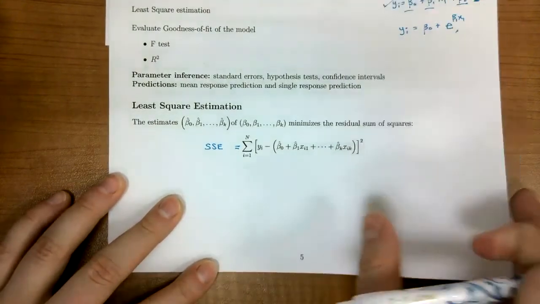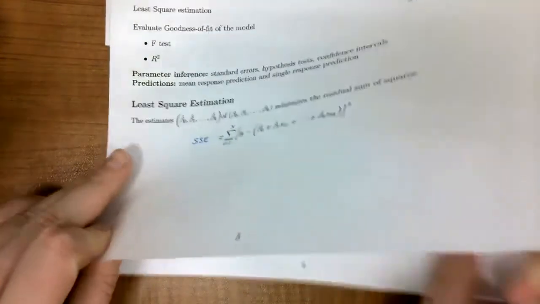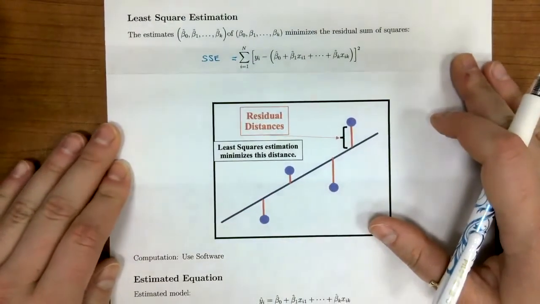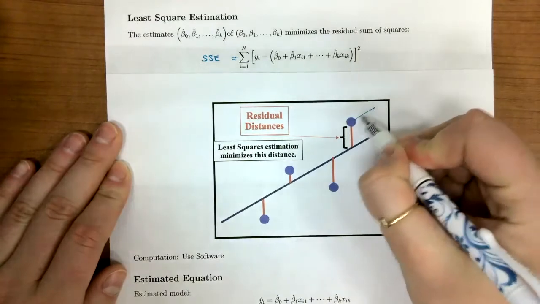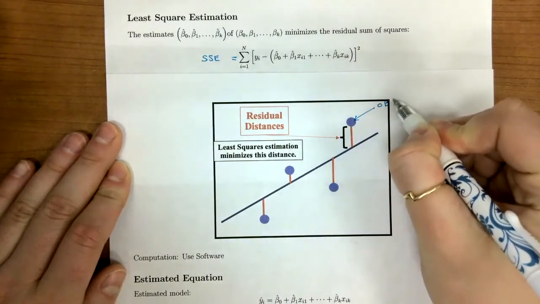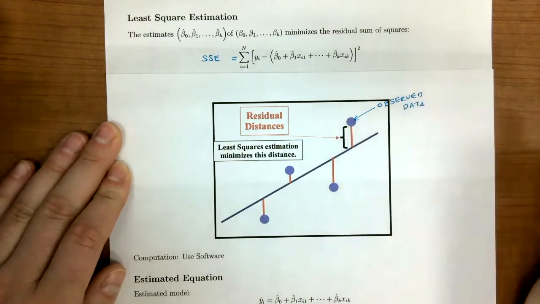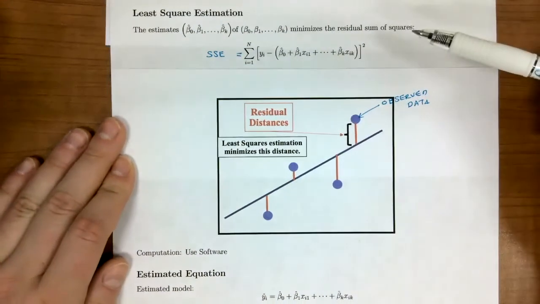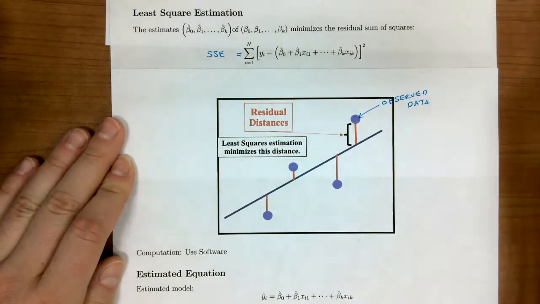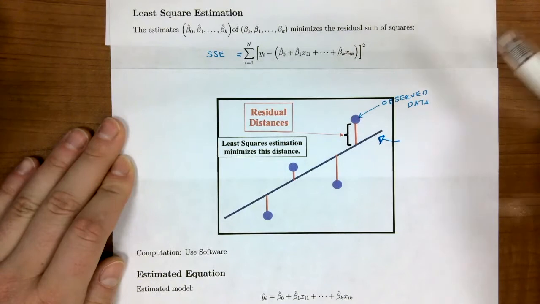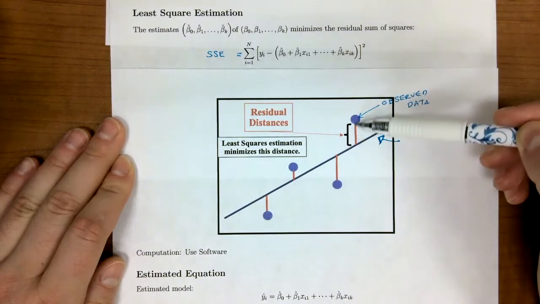Let's go to a picture to understand this a little bit better. The whole idea is we again have these blue dots, which are our observed data. The idea of the least squares estimate is that we want to find the line, this line, that minimizes this residual difference.